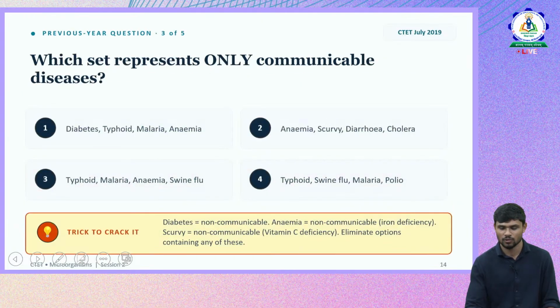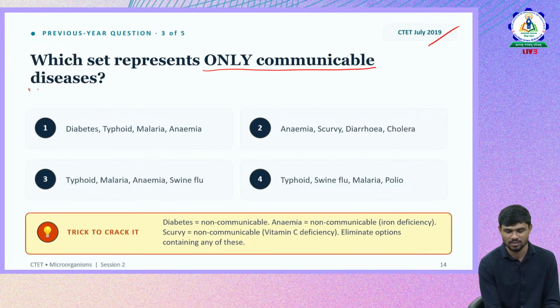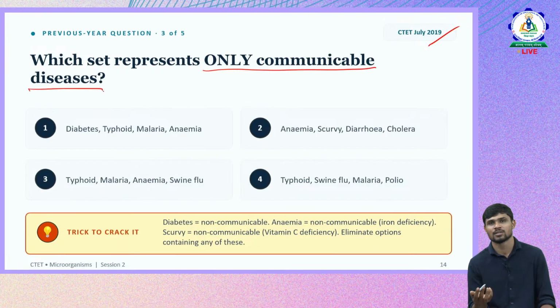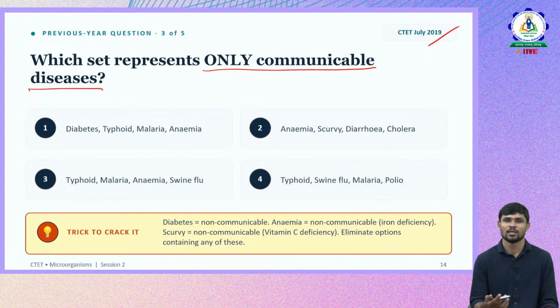Let us move forward to one more question. Which set represents only communicable diseases? Communicable diseases are diseases caused by microorganisms that spread from an infected person to a healthy person. So what are the communicable diseases here? Diabetes, typhoid, malaria.